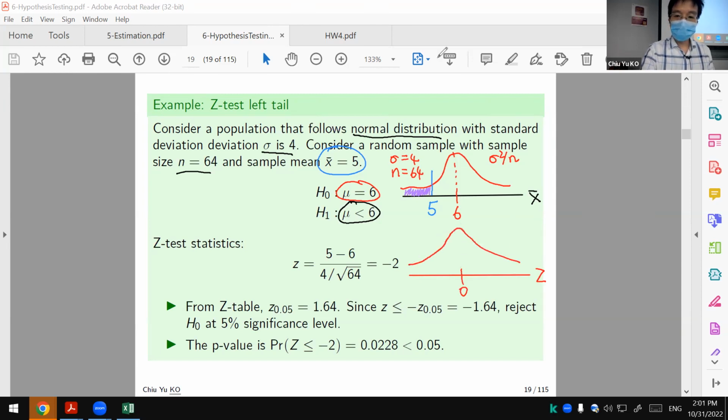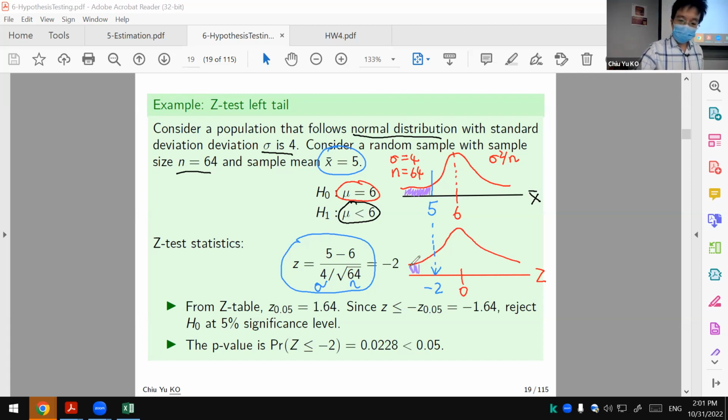And how you make 5 down here is -2. How so? Look at this here. You subtract it from the mean, and divide by sigma over root n, because this is sigma, this is n. Sigma is 4, n is 64. So it's -2. Again, it's very simple.